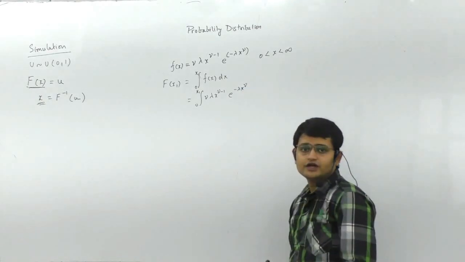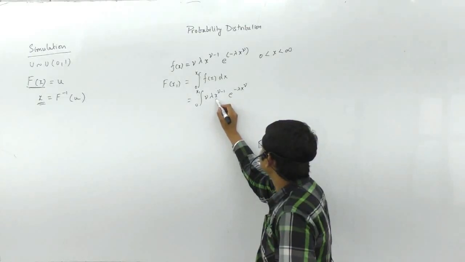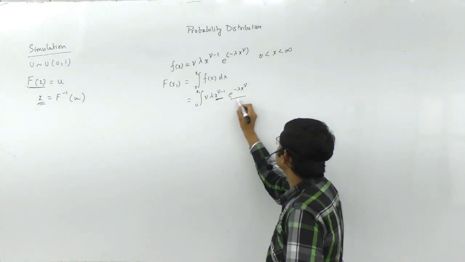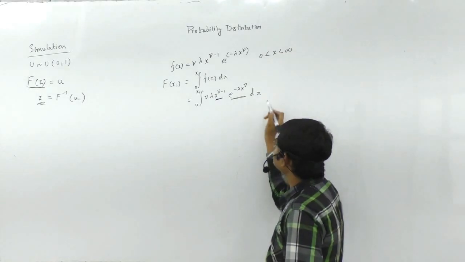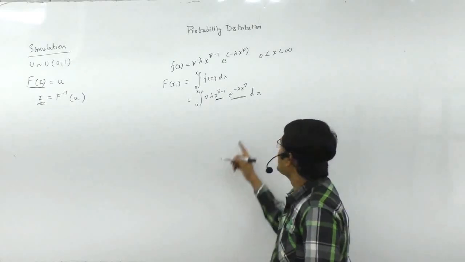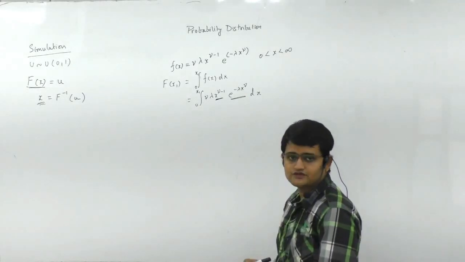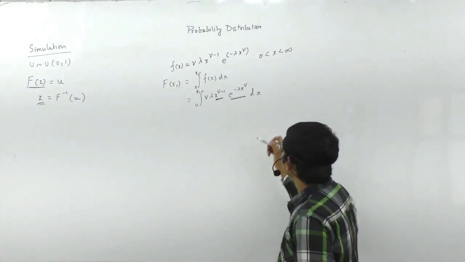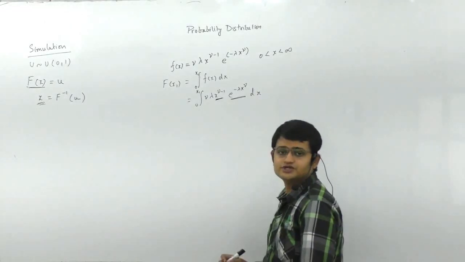Now whenever we have such values where we have a function of x and also another function of x, these are two different functions. One is an algebraic function and the other is an exponential function. We usually use integration by parts, but here if you see, we can actually use the substitution method.